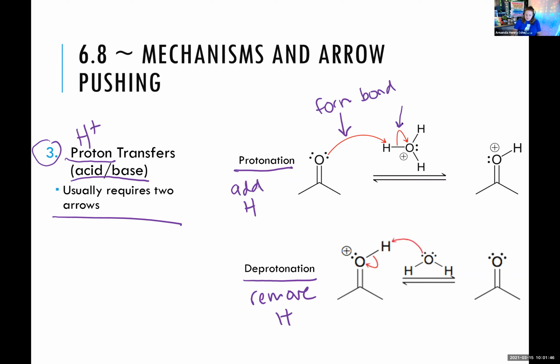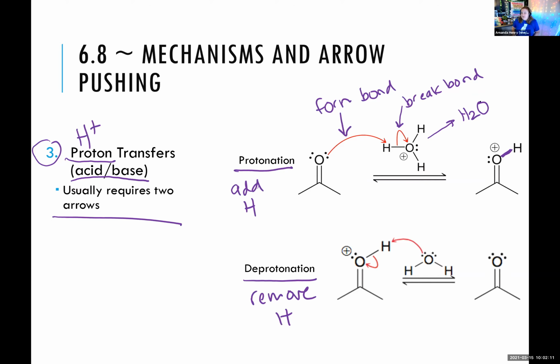We're showing that bond breaking between that hydrogen and the oxygen. And then notice in our product over here, here's our new bond between our oxygen and our hydrogen. Now, technically, water is also a product because when this hydronium loses that hydrogen, we make water.